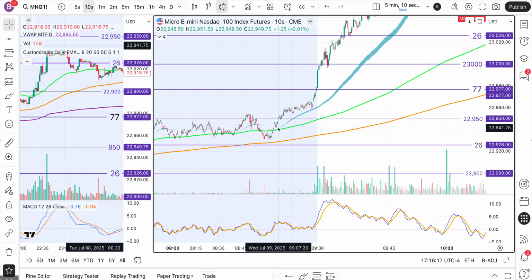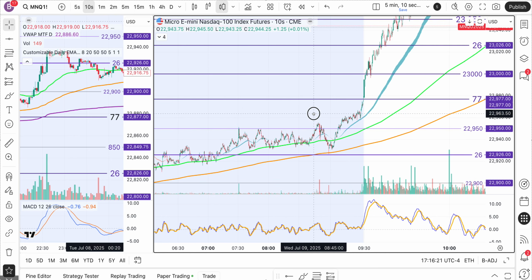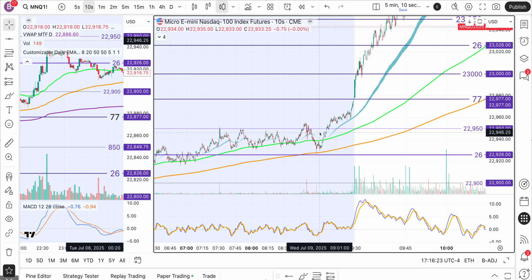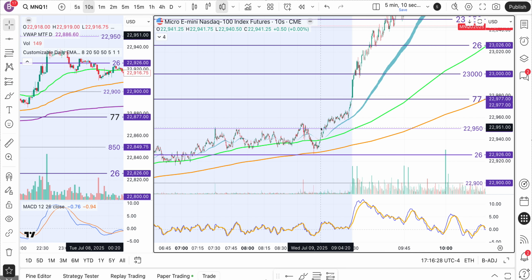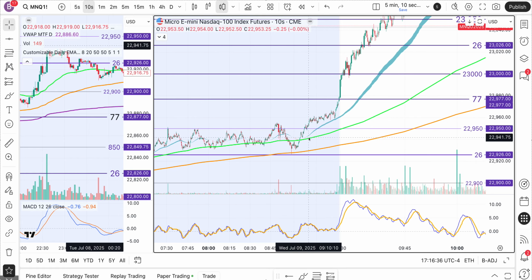So about 130 points was available, or about 5R, with a nice big 25-point trailing stop, which you really didn't even need. You could have done this with about a 20-point trailing stop; 25 would have been very conservative.